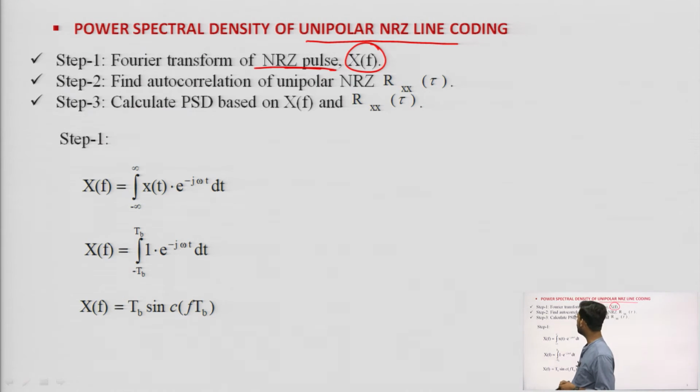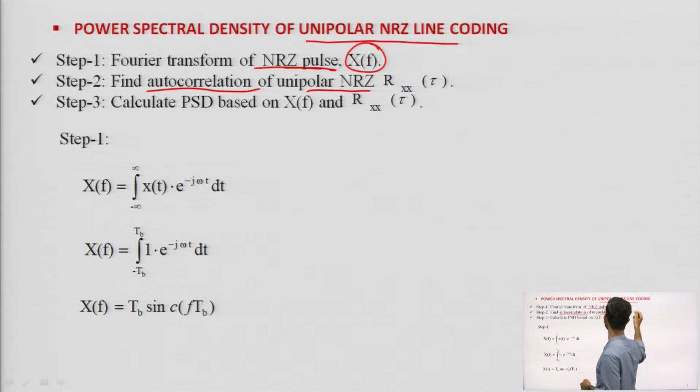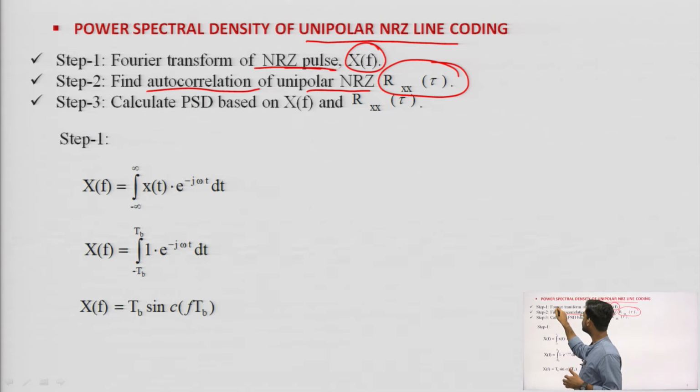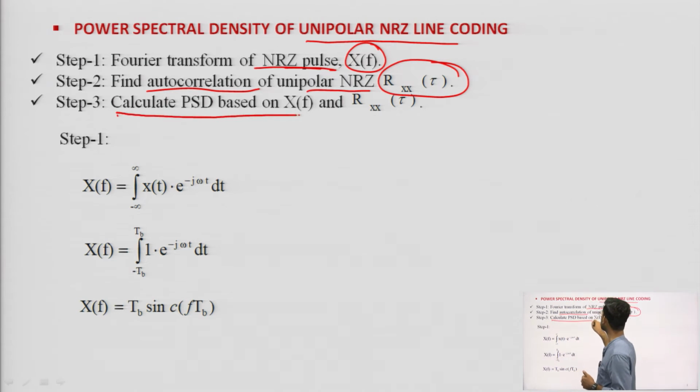Second, I have to find out the autocorrelation of unipolar NRZ, that is R_xx of tau. Next, at last, using step 1 and step 2, we will calculate the PSD, based on X of f and R_xx of tau.